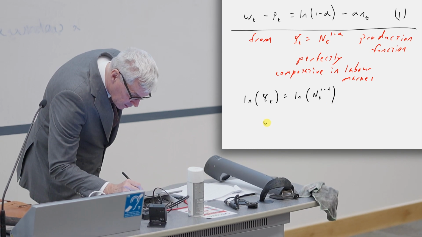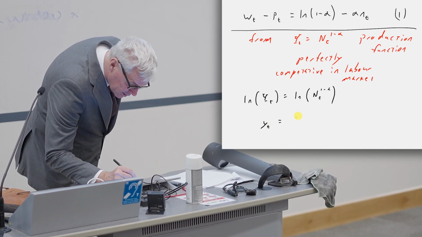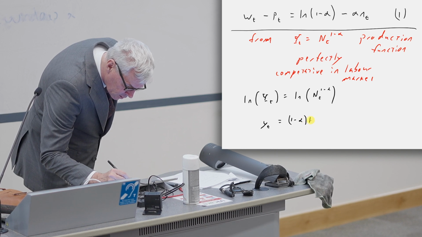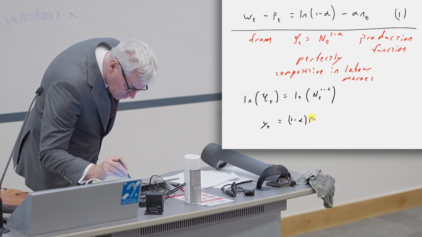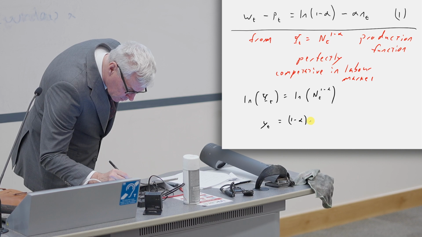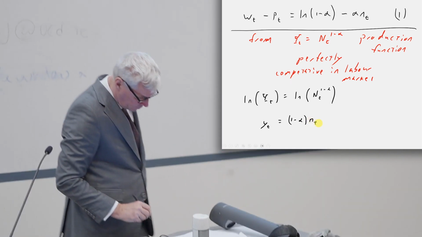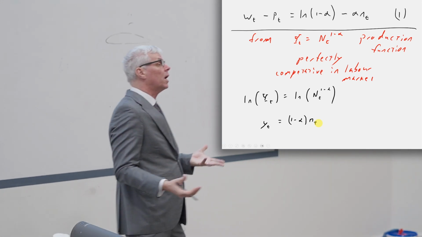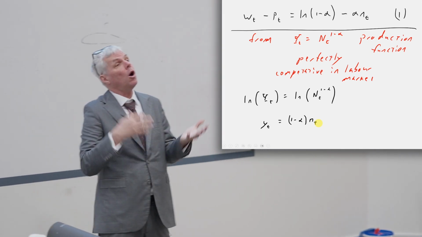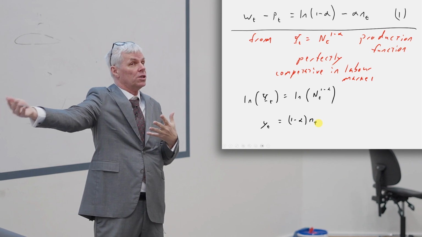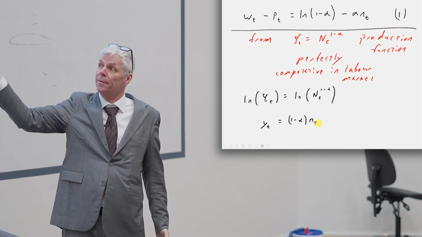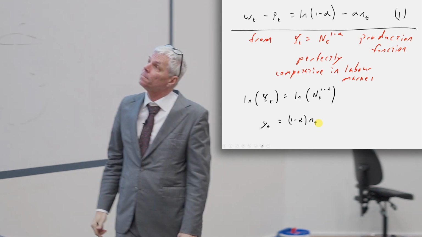And that gives me little yt is equal to (1-α) times little nt. Okay? And that just says how production is a function of the number of workers, because all we have is workers in the production function. So if we have more workers, we get more output. And so this is how it works, right?